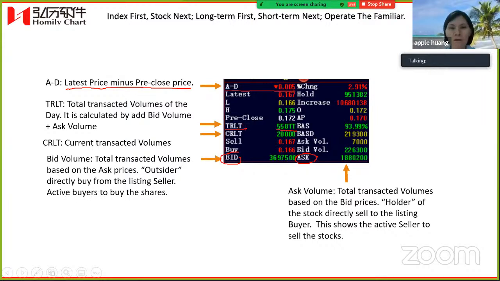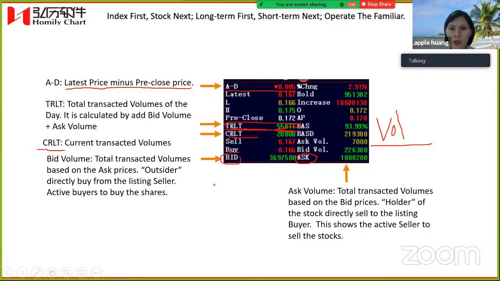So after the day of trading, at the end, you will get a volume. This volume is equivalent to this TRLT, which is the transacted volume. Then CRLT is the current transacted volume.